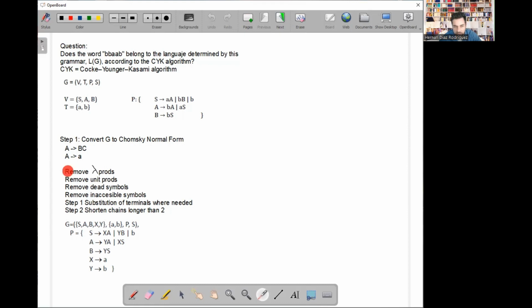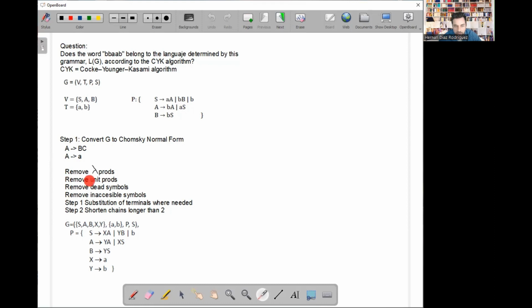So the first step is to remove lambda productions or epsilon productions, depending on the naming convention that you are using. If we go to the production rules, we see that we don't have any lambda or epsilon production. We don't have any variable that produces lambda or epsilon. So we don't have to do anything in this step.